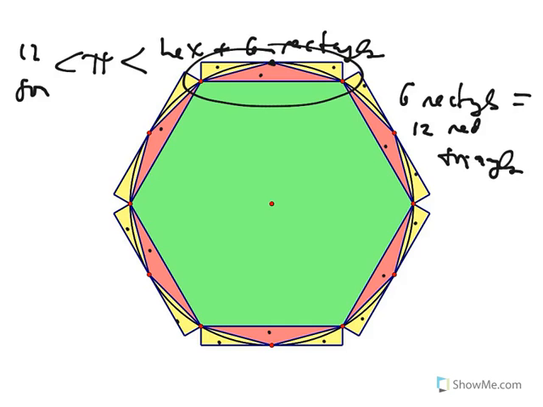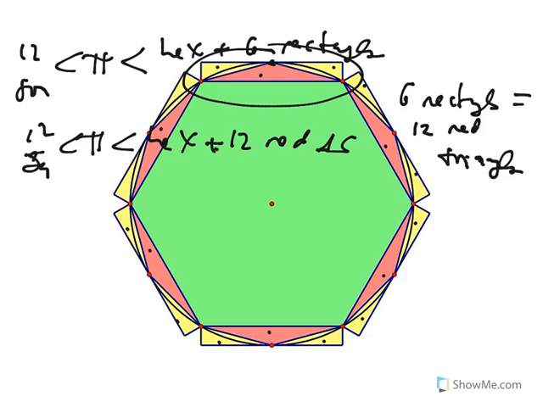So now I could take this expression and say pi is bigger than the 12gon and less than the hexagon plus 12 red triangles. But now look carefully. If you just take the dodecagon, which is the green and the red added together, and you subtract away the green, the hexagon, you're left with 6 rectangles.